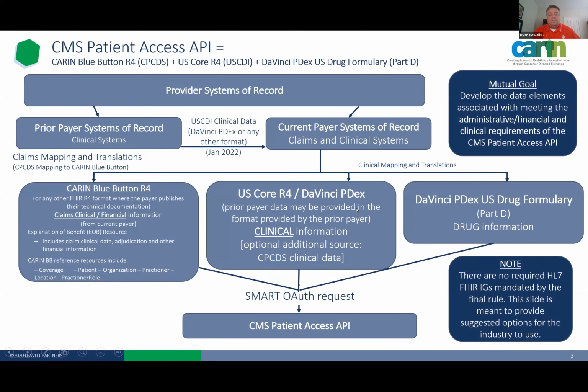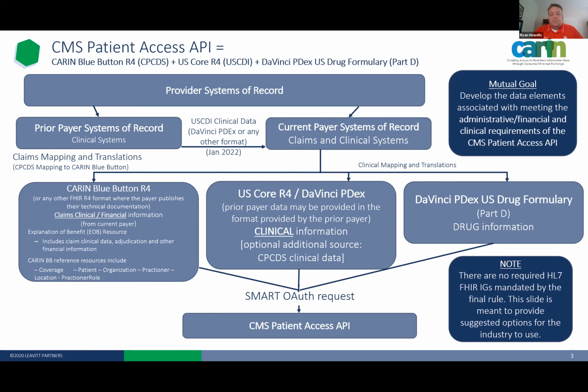Today, our focus is on the CMS Patient Access API and specifically CARIN Blue Button and FHIR Release 4, which includes the claims data and information from the health plans to make that available through that CMS Patient Access API via SMART OAuth request. This is a question we've been getting a lot lately: is the CARIN Blue Button implementation guide required under the CMS final rule?